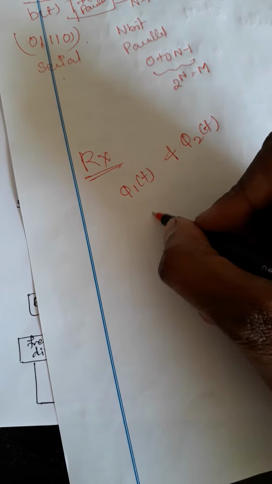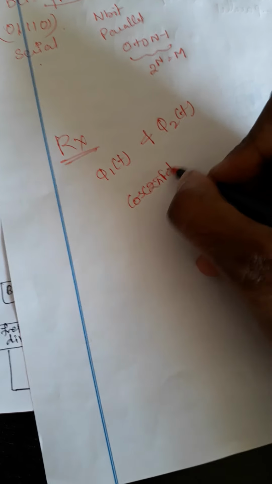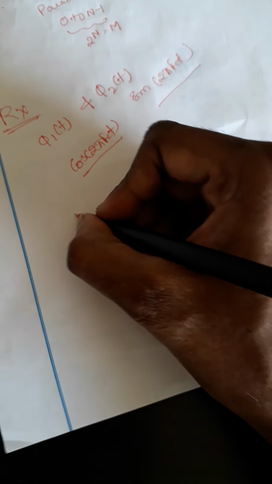When I say phi 1 of t, I mean cos 2 pi fct, and here I say sine 2 pi fct. My job here is to recover the carrier, this and this. Because I have got M-ary PSK, is that clear?